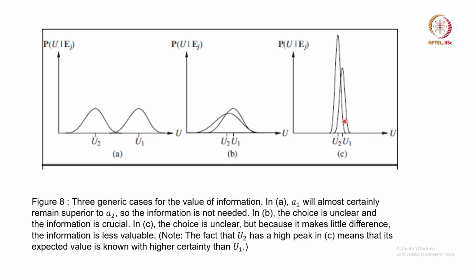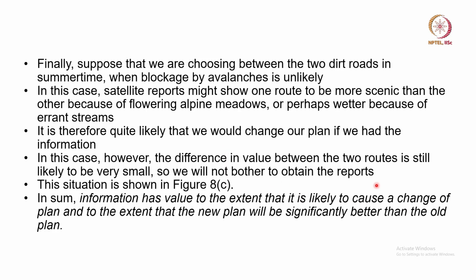And in case C also the choice is unclear because you find that the peak is different. The fact that U2 has a higher peak means that its expected value is known with higher certainty than U1, so there is some ambiguity there. When there is ambiguity, it makes sense to use the extra information, but it may not make sense in these other cases. That's the basic idea.